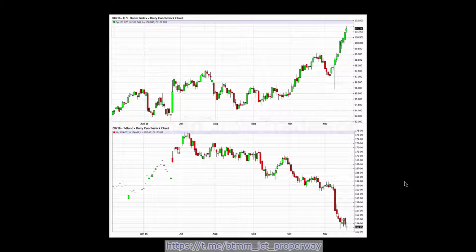Okay, so what we're looking at is about the June, July, August time period. The top chart here is obviously the dollar index daily chart, and the lower chart is the Treasury bond market. This is the December contract: the December contract for the dollar index above us in the futures market, and the December contract for the bond market on the lower end.